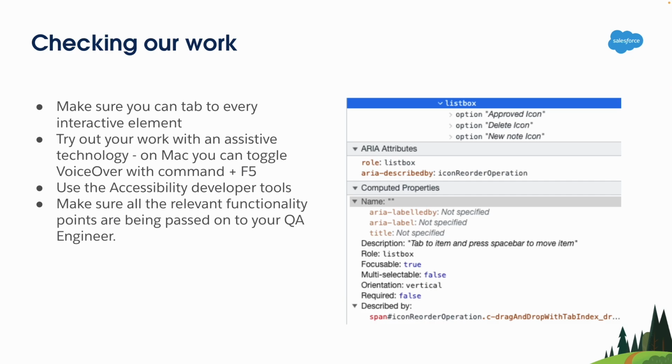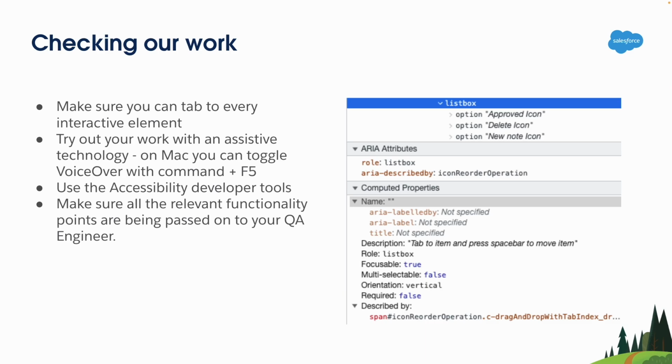It's focusable, multi-selectable is false, required is false. It even shows me the computed description text that goes with that component. So really useful to look at. And I just love that the text that goes along with each option is coming from our accessibility or assistive text that we passed the lightning icon.